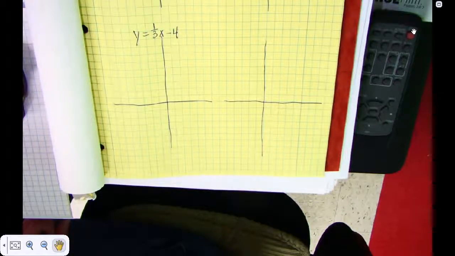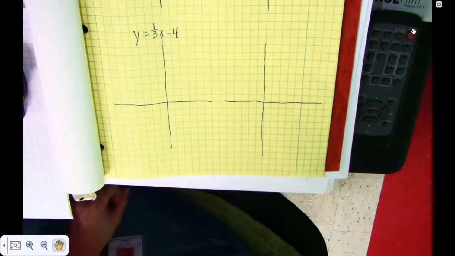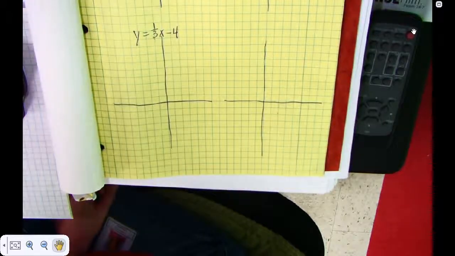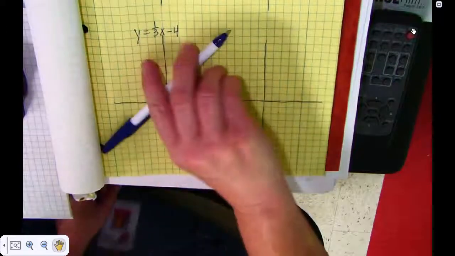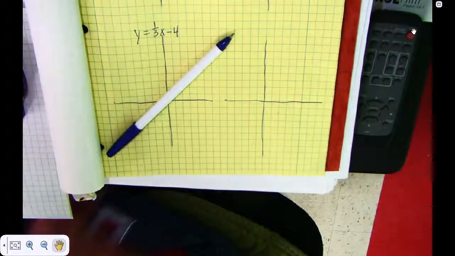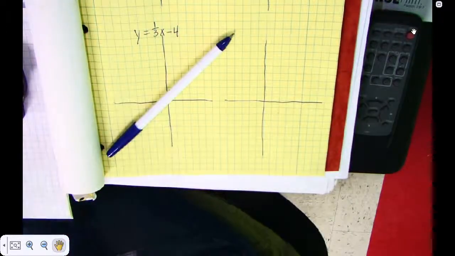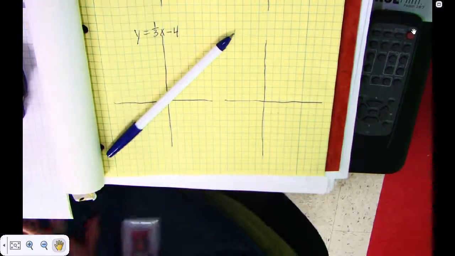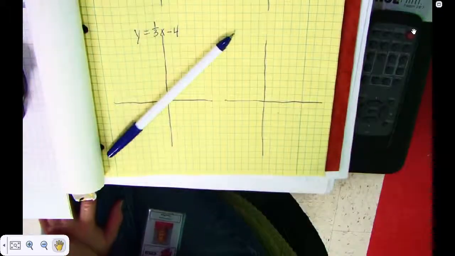What's it going to do? Guys, that's the slope. It's 1/3. It's positive. So I know my line has got to go up. If it's not going up when I finish, I'm wrong. It doesn't matter if I think I've done it right. It's wrong, because that's positive.